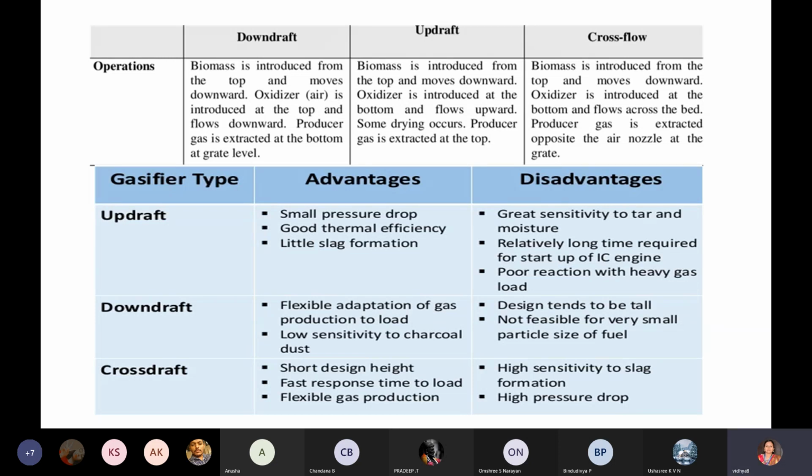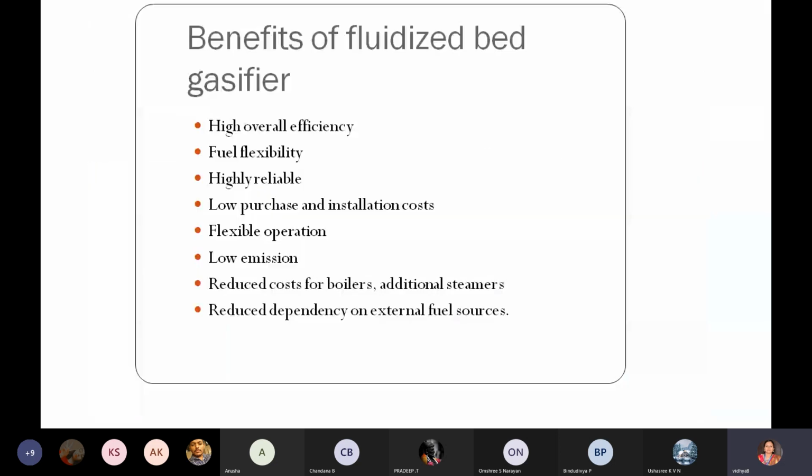And next, cross draft: short design height, fast response time to load, and flexible gas production. These are the advantages. And what about the disadvantages here? It is highly sensitive to slag formation and has high pressure drop. These are the advantages and disadvantages regarding gasifier types, that is, fixed types.